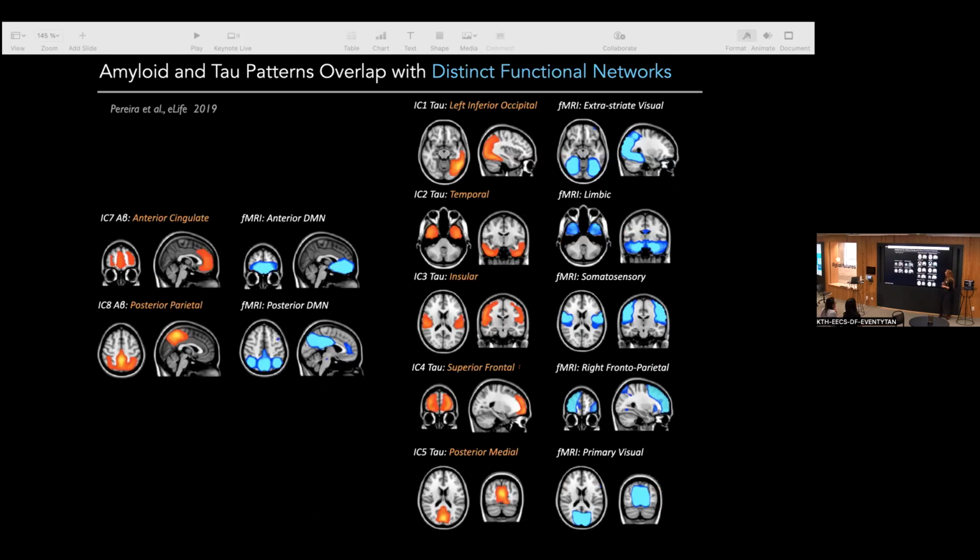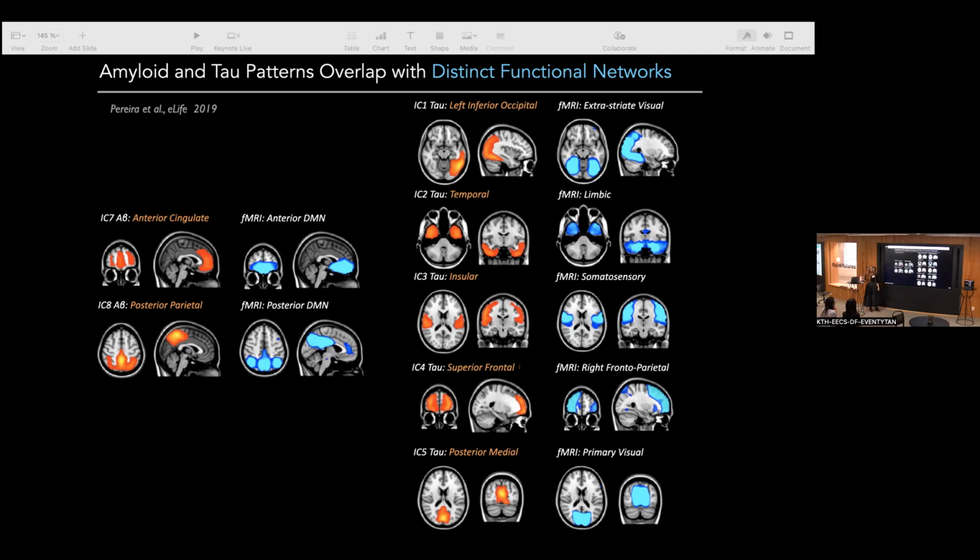Within the same study, we also had access to some resting state functional MRI data. And therefore, we thought we could also see how these pathological patterns overlap with these networks. And to our surprise, we observed that the amyloid patterns showed a preferential overlap with the anterior and posterior components of the default network, which, as you know, is a very important network for cognition that is often altered in many neurological disorders.